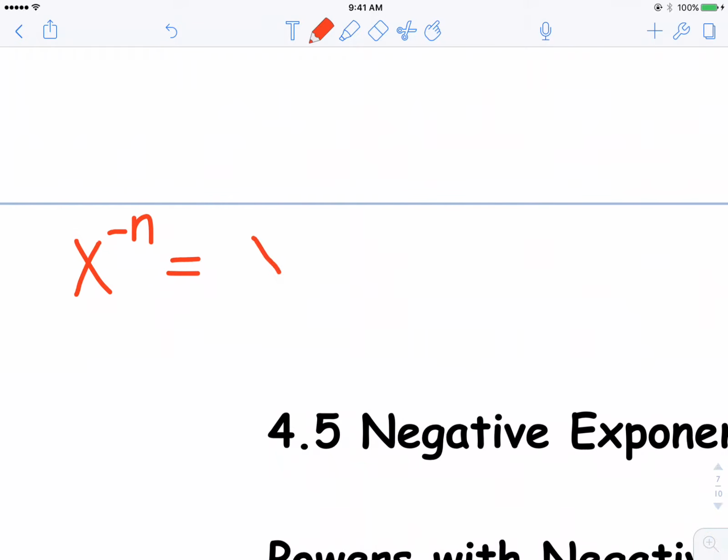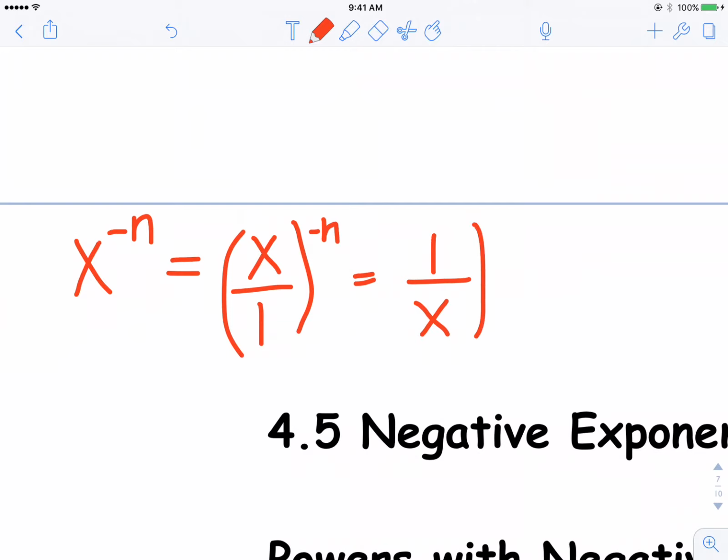I can take any number and make it a fraction by placing it over 1. And I put it in a bracket just to separate it, so that we can see it. So this is to the power of negative n. Now the rule is for negative exponents, you flip this fraction. So I have to flip this fraction upside down. So now it becomes 1 over x, but my exponent value changes to positive.